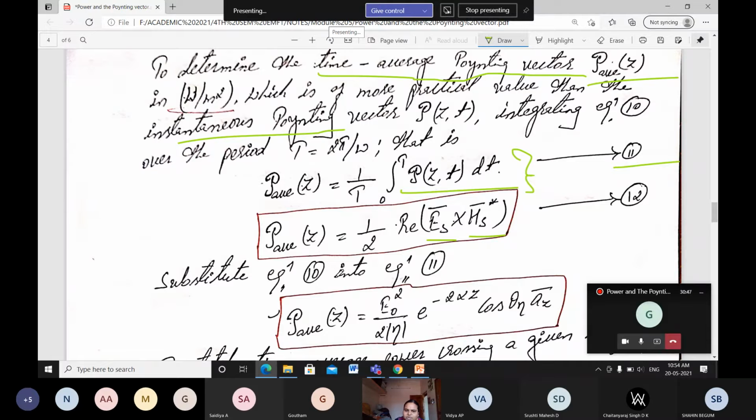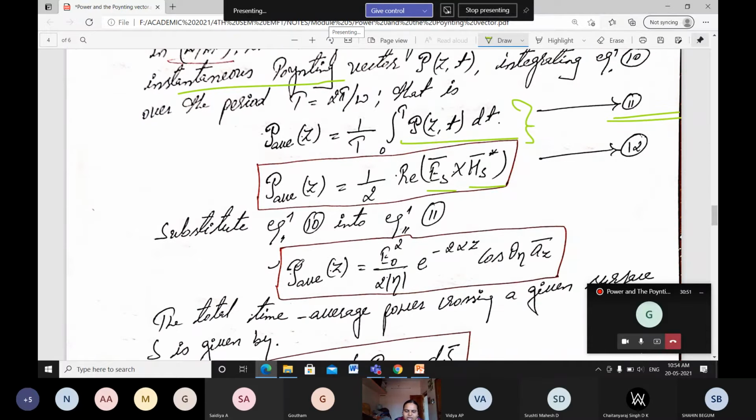Then substituting equation 10 into equation 11, I will get P average of z equals E naught square divided by 2 eta, e raised to minus 2 alpha z, cos theta eta, into az.